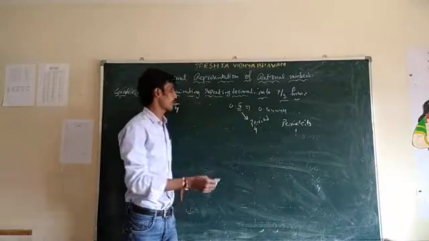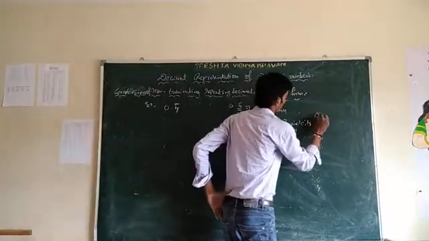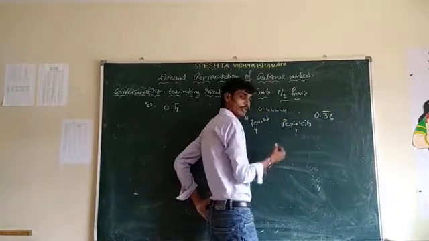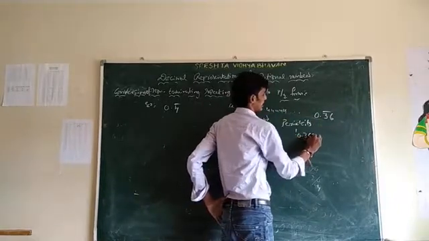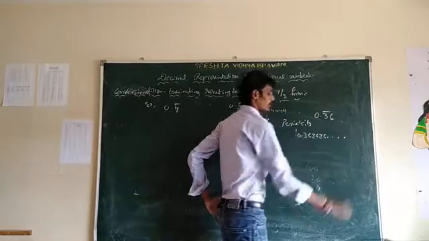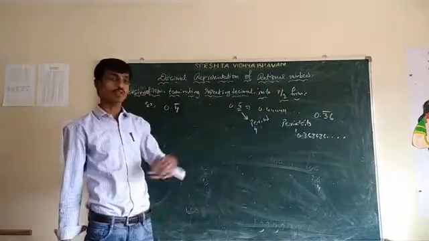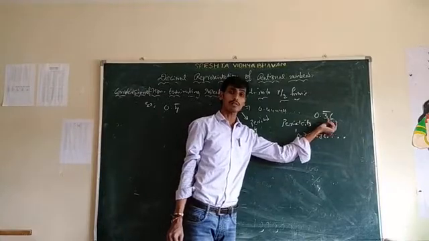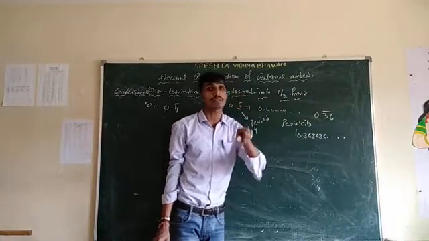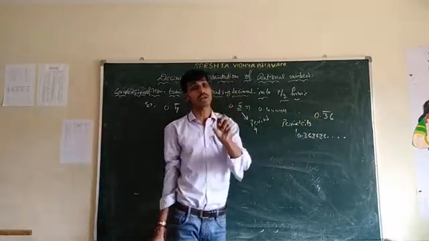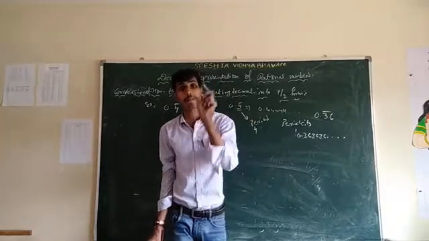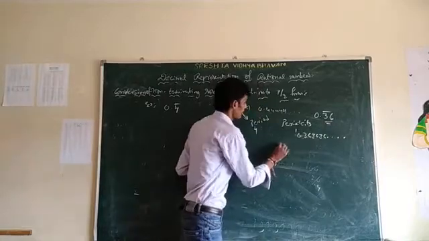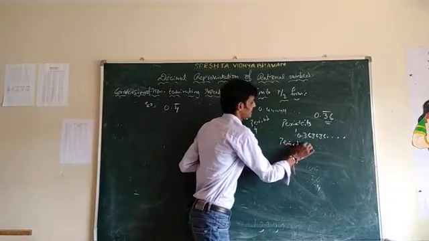Understand? For example, I take 0.36 bar. How can you write that? 0.36, 36, 36 and so on. What is the period of 0.36 bar? The period means the set of digits represented in the bar. What are the set of digits? 36. So the period is 36.